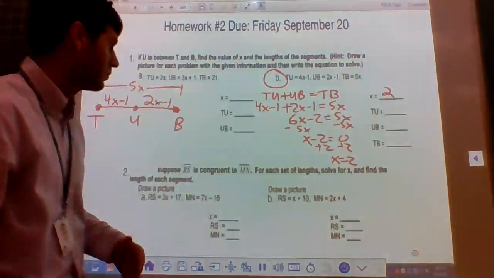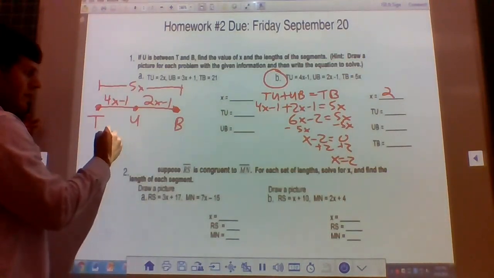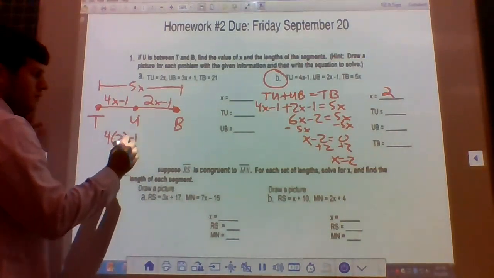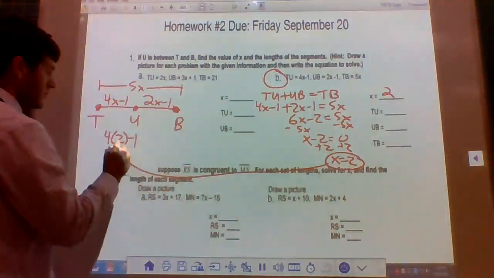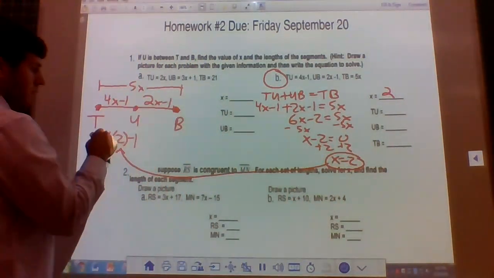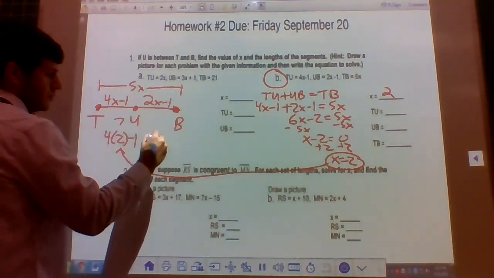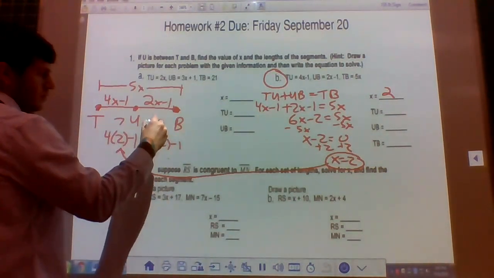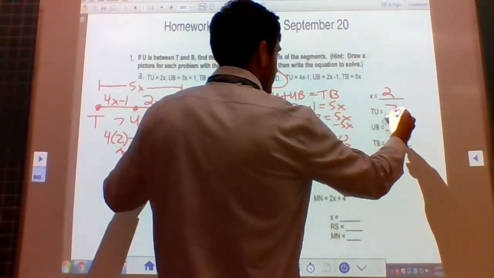Then we want to find all the pieces, so TU is going to be 4 times 2 minus 1, right? We substitute in x. And that's going to be 7. Okay, 2 times 2 minus 1, that's going to be 4 minus 1, that's going to be 3. So TU is 7, UB is 3.